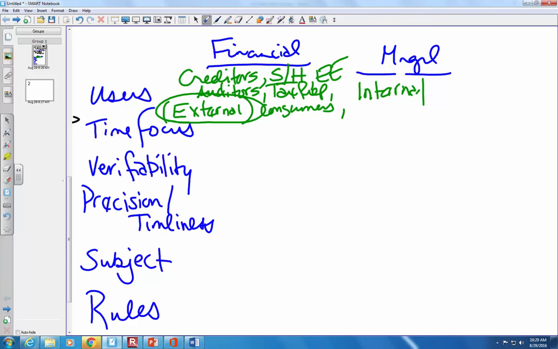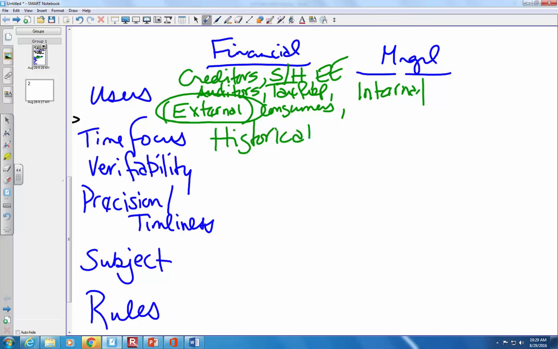Time focus. So this is a little bit of a funny descriptor. Financial reports deal with what time period? Yep. Right? You guys have all been through financial accounting. We spend a lot of time reporting on what happened. Managerial accounting reports are almost all prospective.